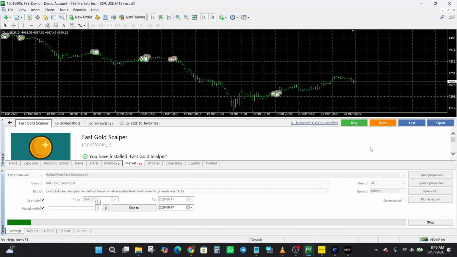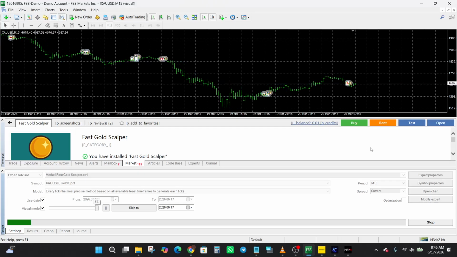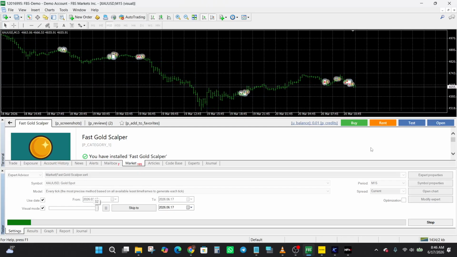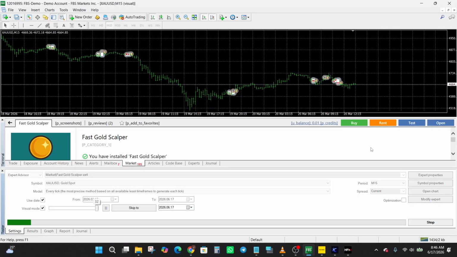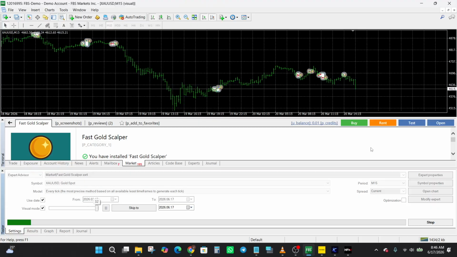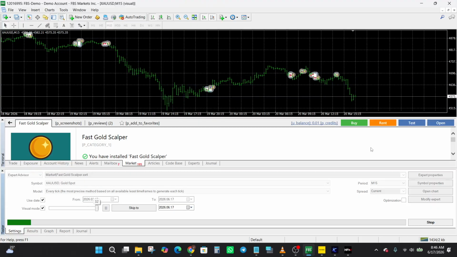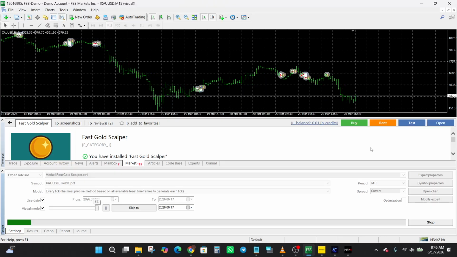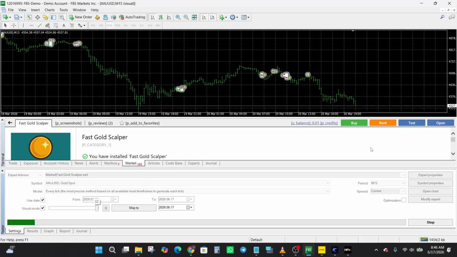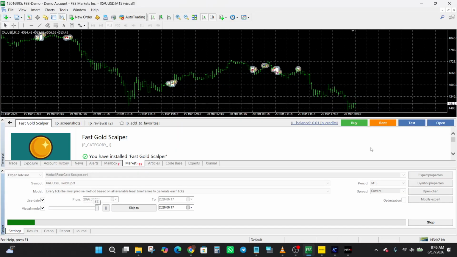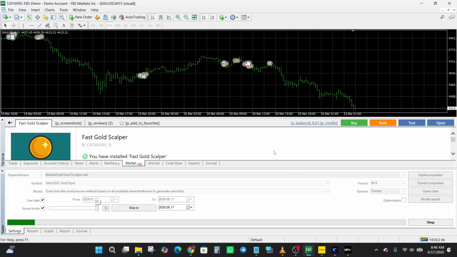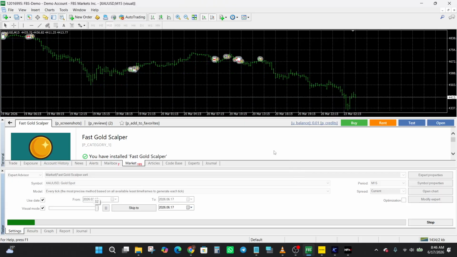Overall, the Fast Gold Scalper is presented as a scalping-focused MT4 expert advisor designed for gold and major Forex pairs, with built-in risk management options, spread filtering, trading session controls, and support for lower time frames. As with any automated trading system, thorough testing on a demo account and careful optimization remain essential before considering live use. So that is my review of the Fast Gold Scalper Expert Advisor for MetaTrader 4.